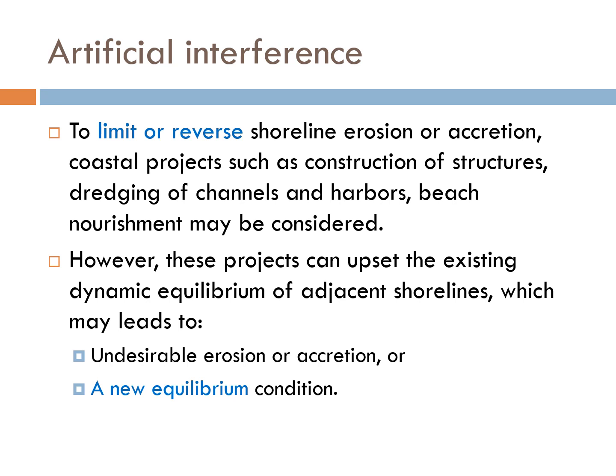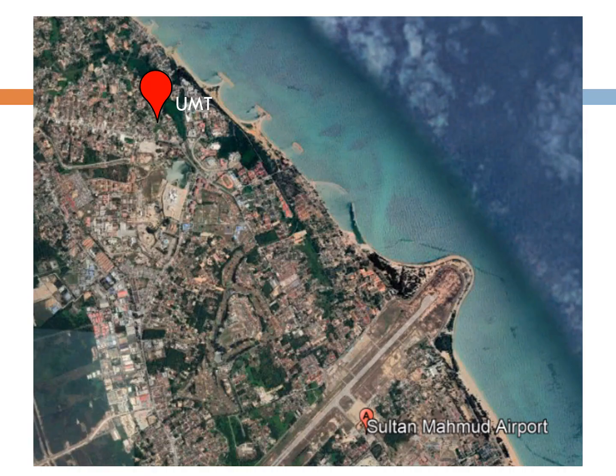This figure here shows Sultan Mahmud Airport in Terengganu, which was constructed such that the runway protrudes into the sea, and so a headland was constructed in this relatively long straight section of the coastline.